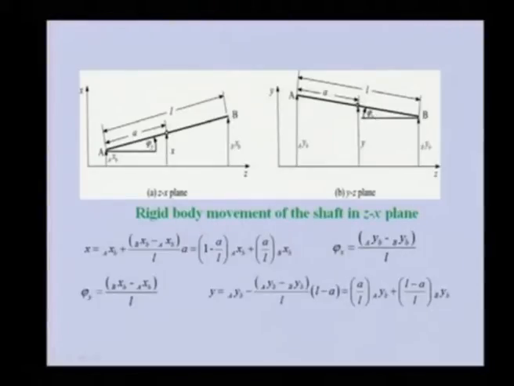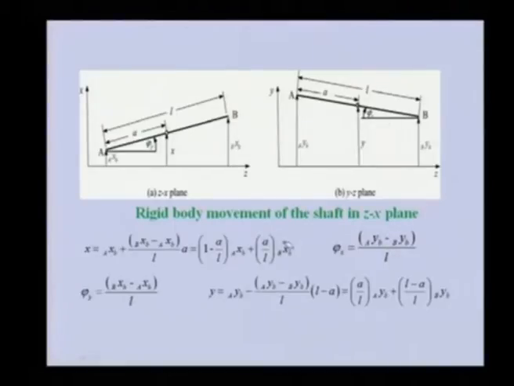Y we are expressing as y_B minus the slope times the location of the disc from this end, and this can be arranged again in terms of the bearing displacement at end A and at end B, and this is the slope of this particular shaft.